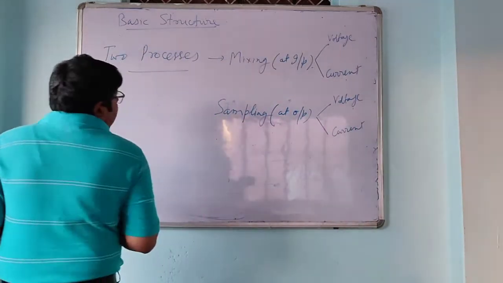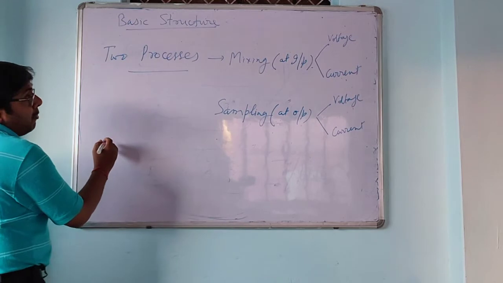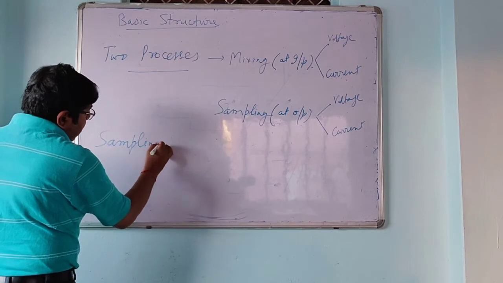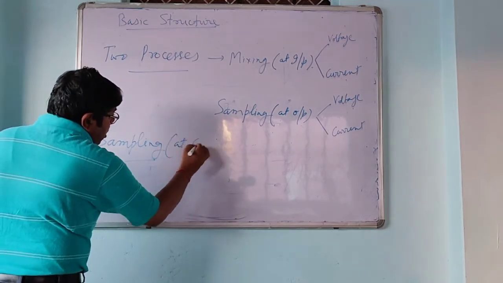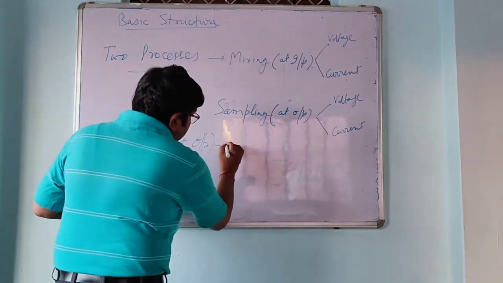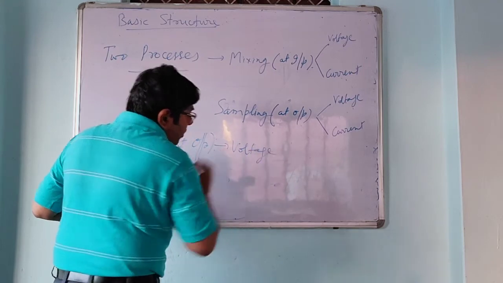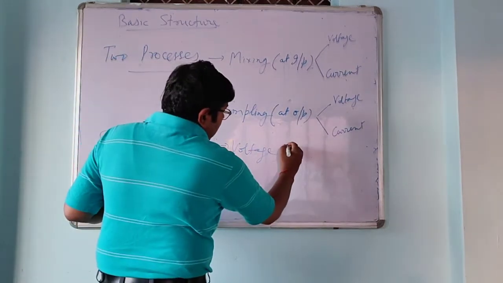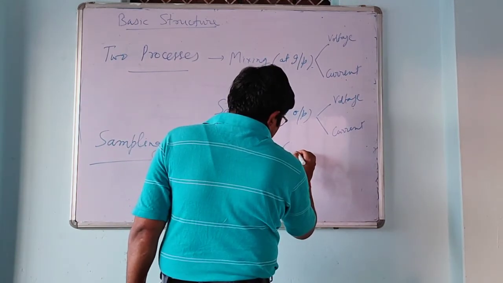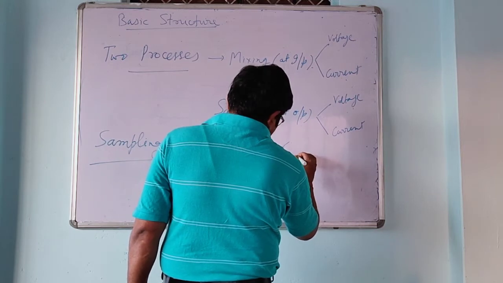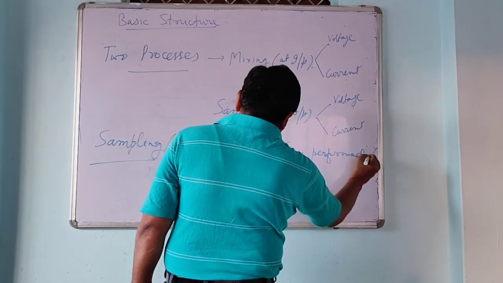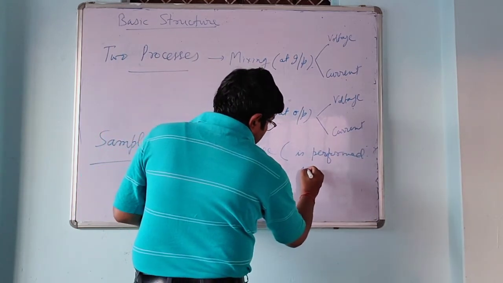Now the important thing is that, coming to the sampling, because sampling is at output, if we sample voltage, then this sampling of voltage is performed in shunt.